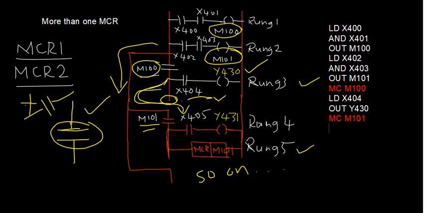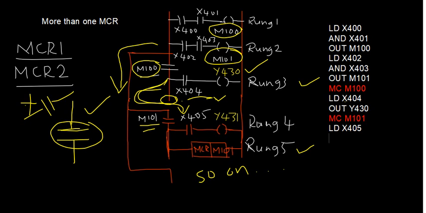I am trying to differentiate these things with different colors so that it is easily understandable. LD X405, OUT Y431, OUT Y431.